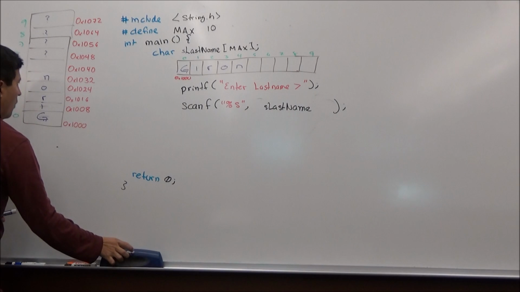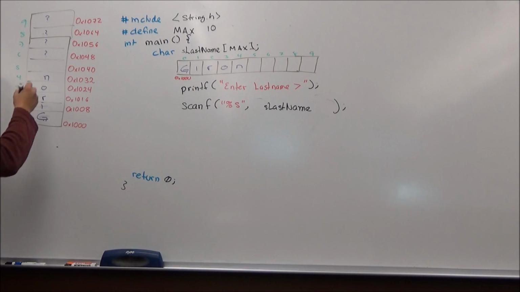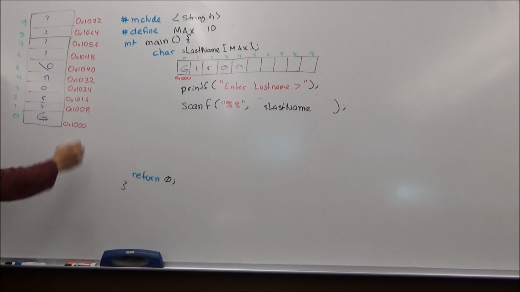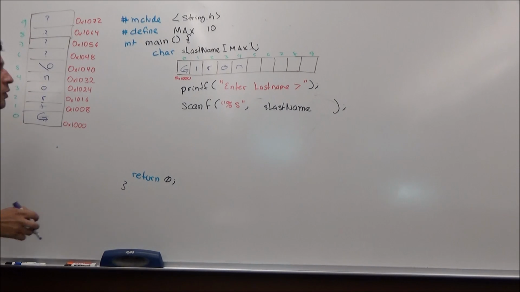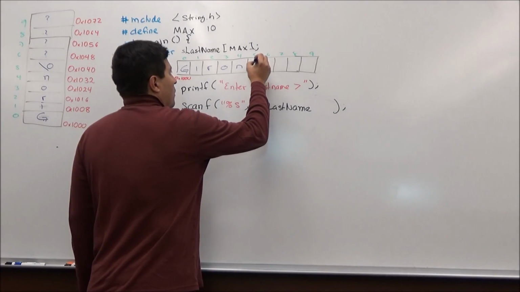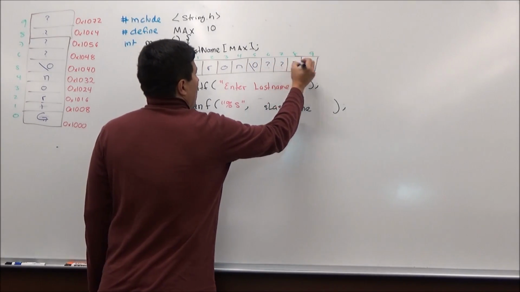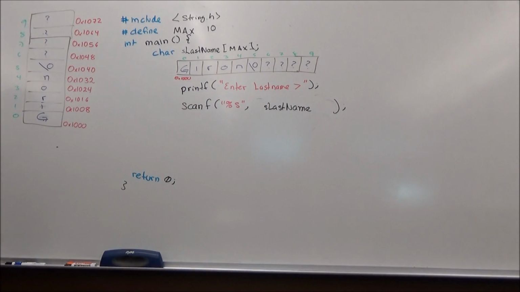So the sixth element will have the null terminator. So binary 0. There's no character, if you look at your ASCII code, that has all zeros. That's a null. Letters start at what? Capital A is 65. Number 0, as a character, I'm sorry, is 48. So it's gonna put this null terminator. So I don't care what's in the other ones, they're just garbage, right?